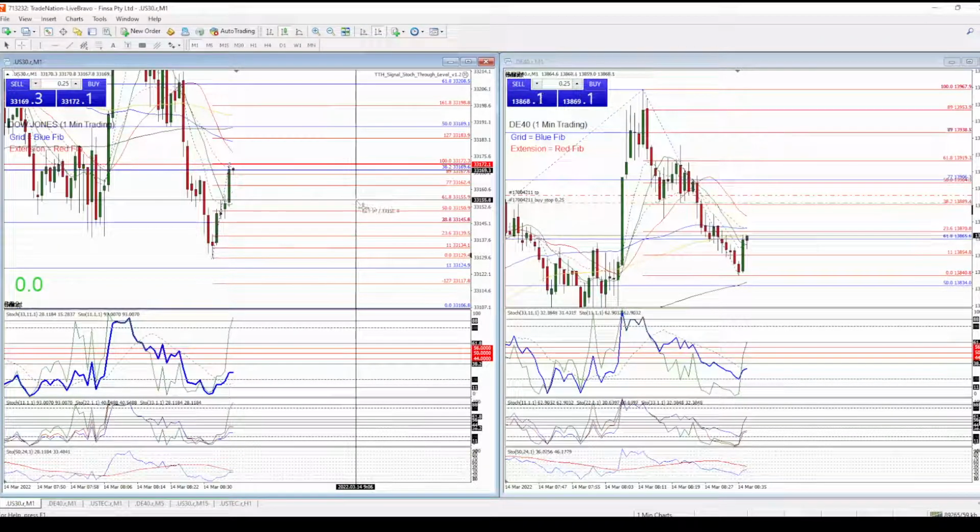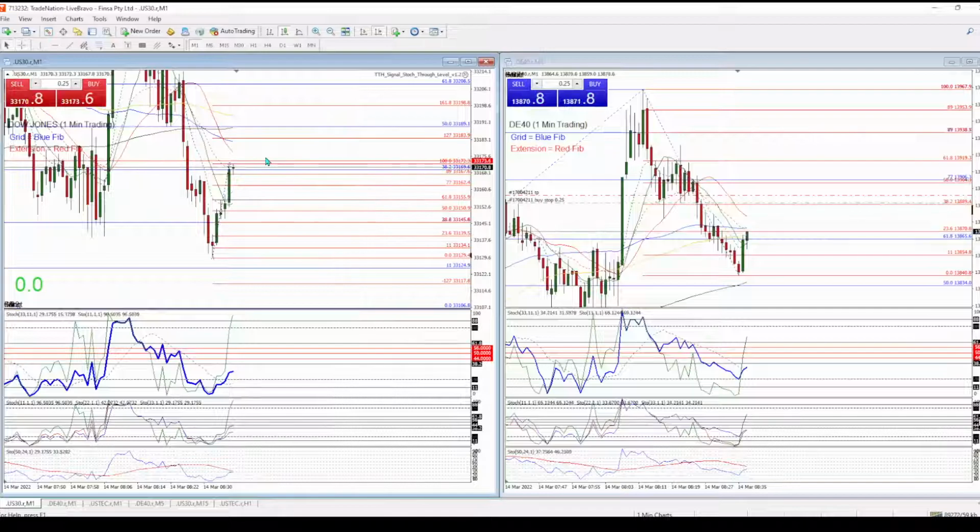Below 61.8, 5 points still not enough. We need a minimum of 10. Watch the possibility of a trigger separation short that will be valid. 5-minute trend is down. Resistance on the Dow is the 50 moving average on 5 minutes.